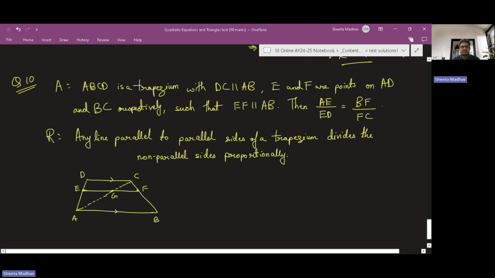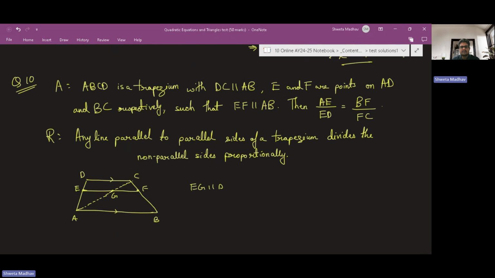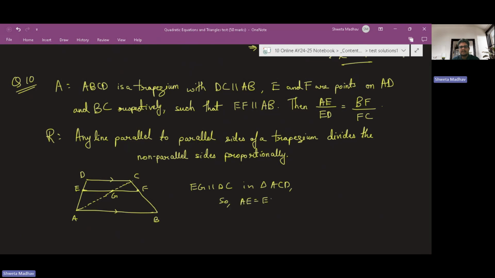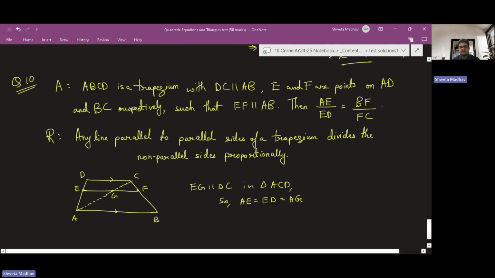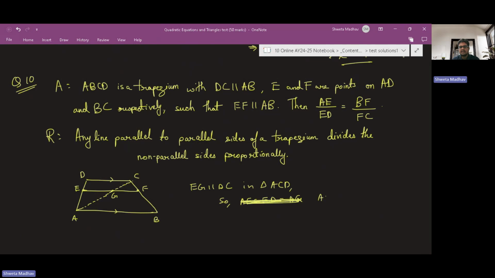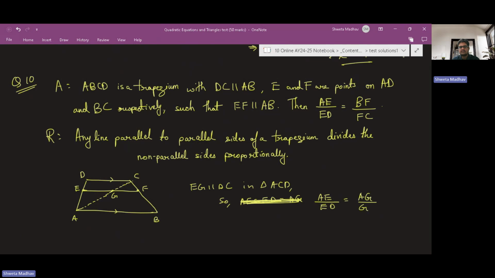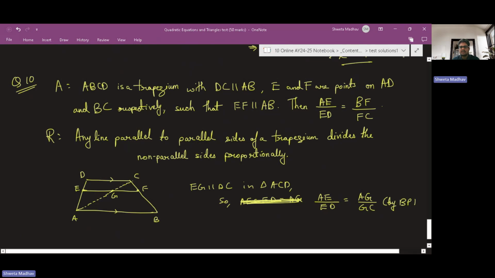So here we can see that EG is parallel to DC in triangle ACD. So we can say that AE by ED is equal to AG by GC, hence by using the basic proportionality theorem.